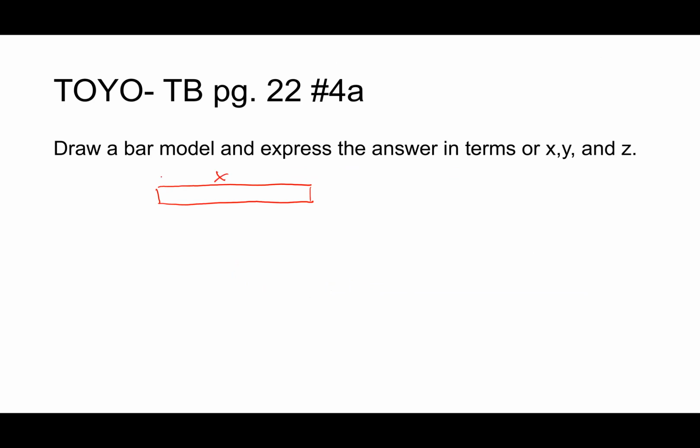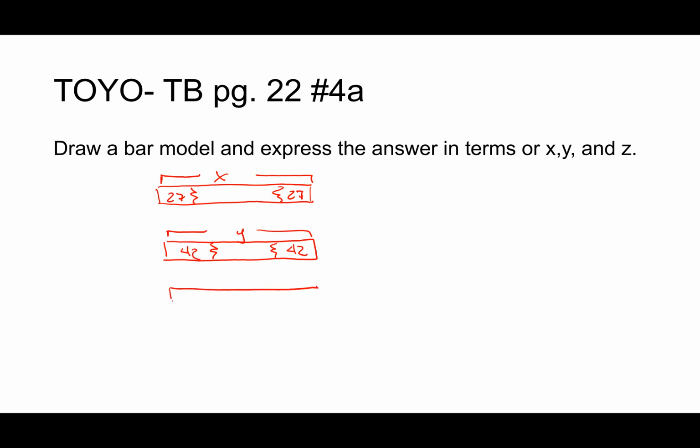So you had X number of 27-cent stamps, Y number of 42-cent stamps, and Z number of 59-cent stamps.